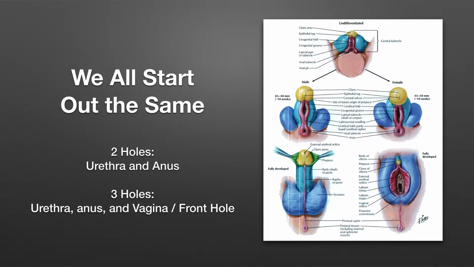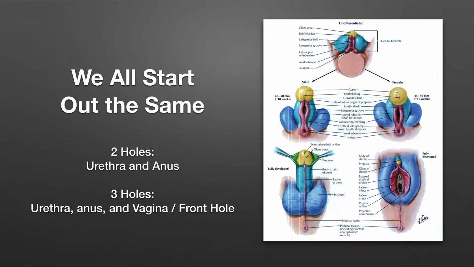So what that looks like when you're looking at this picture, the different colors on each one of the figures represents the analogous structures. So when you look at the middle set of figures on the left and right, you see the yellow and the pink and the blue and the purple.